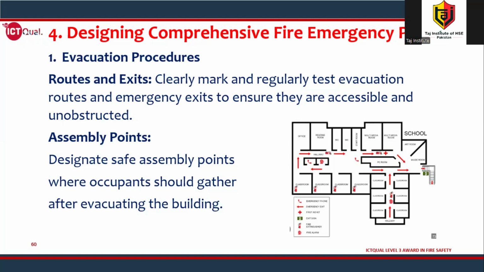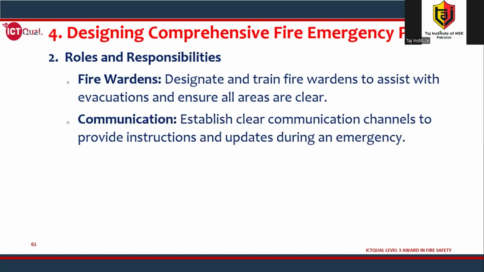Fire extinguisher points should be labeled, communicated and trained to each and every person. Evacuation routes and exits should be clearly marked. Assembly points should be clearly communicated to every person.